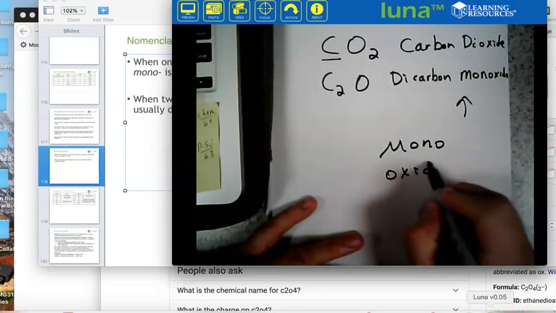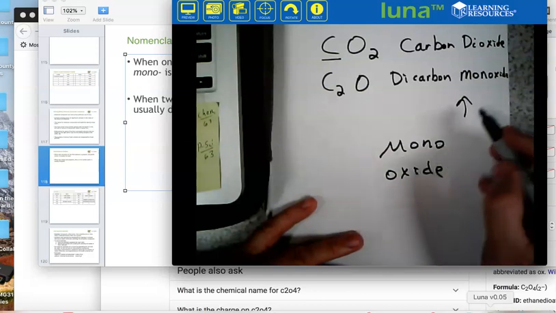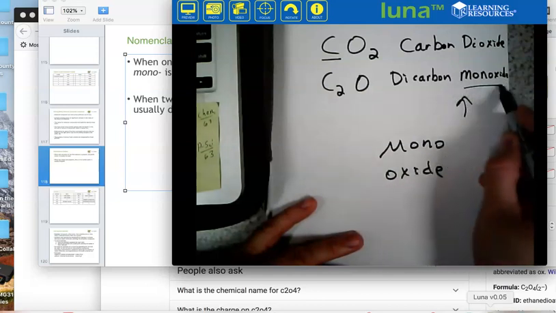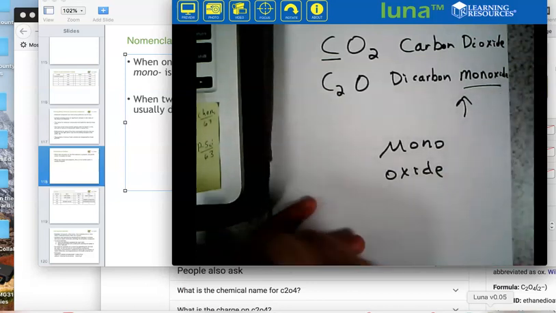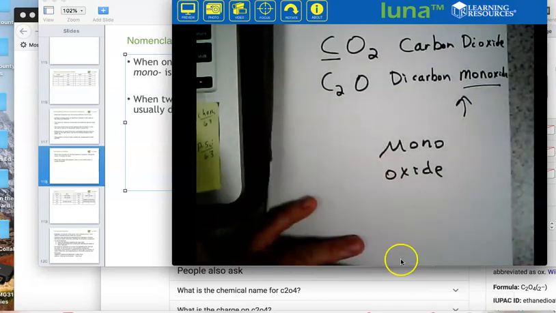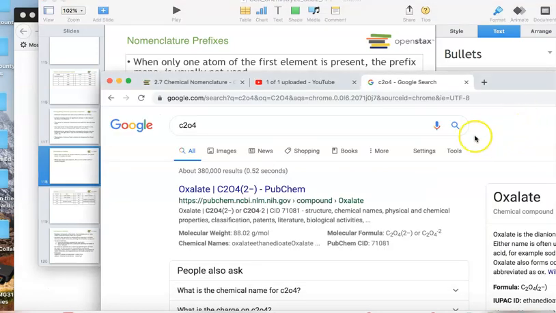And then oxide, right? So it's not going to be mono oxide. All right, so you notice I dropped an O, okay? I dropped the letter O. And for that second rule here, sometimes the prefix ends with an A, and you drop a vowel. You don't want to have two vowels next to one another, okay? So monoxide is just one O, not two O's, okay?